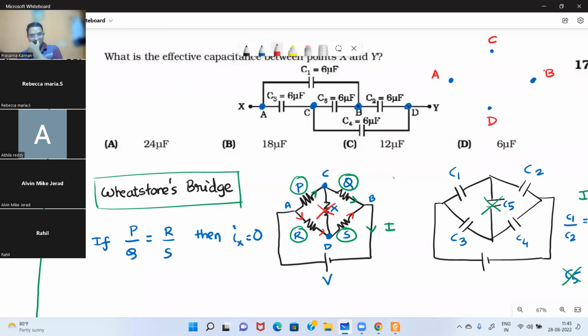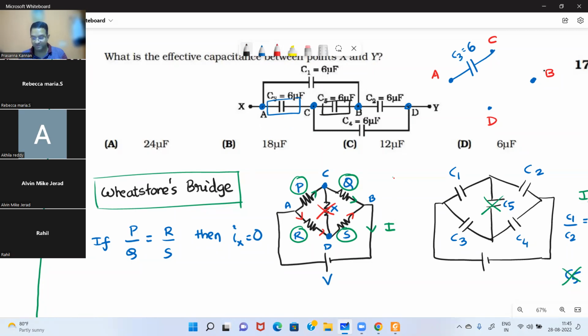Now tell me, between A and C, we have a capacitor, correct? So between A and C, I'm drawing a capacitor. And what is its value? It is C3, which is 6 microfarad. Then I have a capacitor between C and D. How much is it?